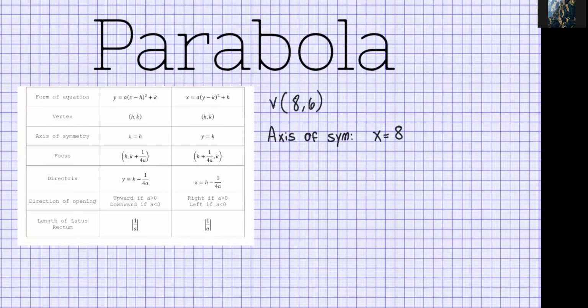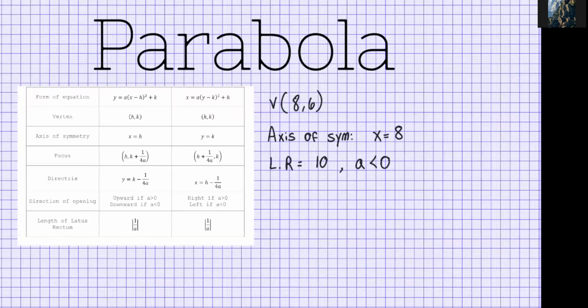And finally, the length of the latus rectum is equal to 10. And along with this information, they tell us that a is less than 0. Now, why is this information important?